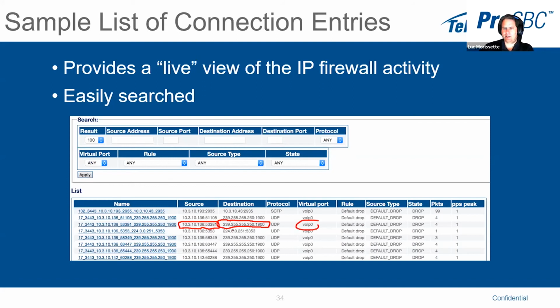So you can search for that and then figure out, why was it dropped, right? So you can see which rule it took and what the state is, and also how many packets you receive on this particular connection. All right, so you can look at this in the SBC status.